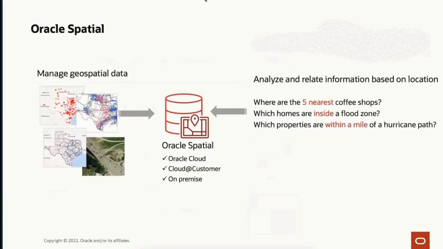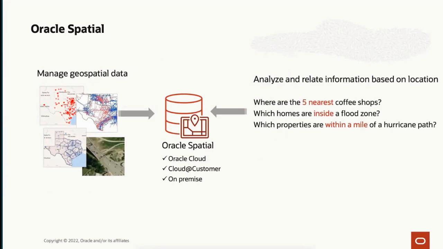When we drill down the next level into what that means for Oracle Database, and today for this session, Oracle Autonomous Database in particular, what that means is that we manage all forms of geospatial data natively in the database.